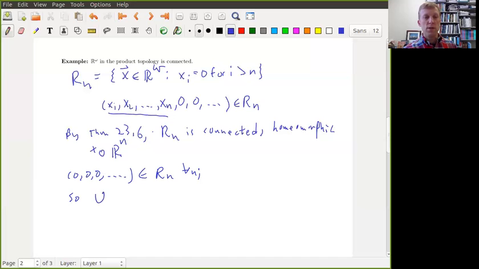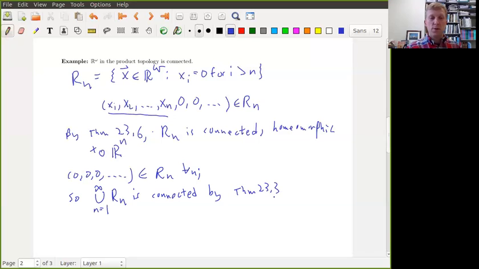So the union, as n goes from 1 to infinity, of R sub n is going to be connected by theorem 23.3.